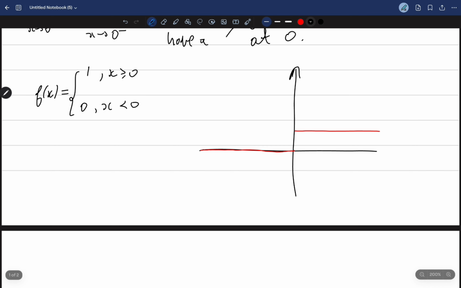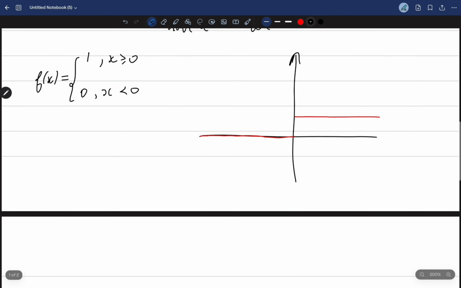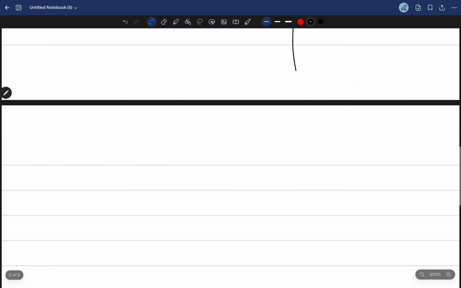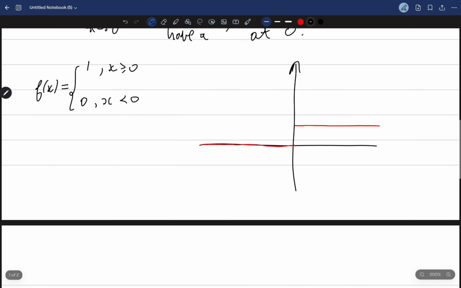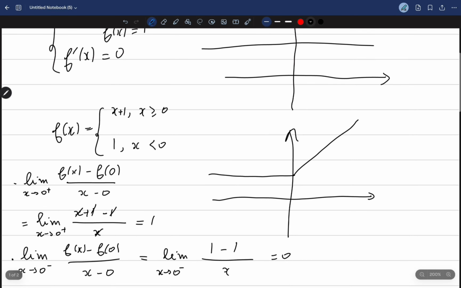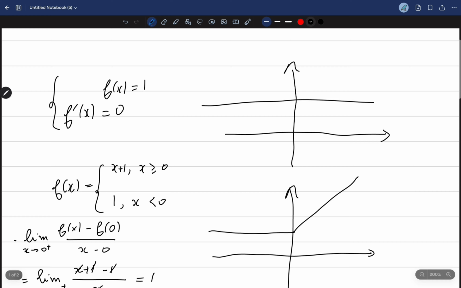This function surely doesn't have a derivative because it's not continuous. Now, for the fun part: how can we generalize the derivative and take the derivative of any function?